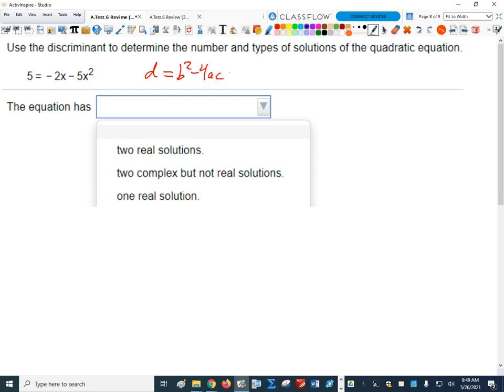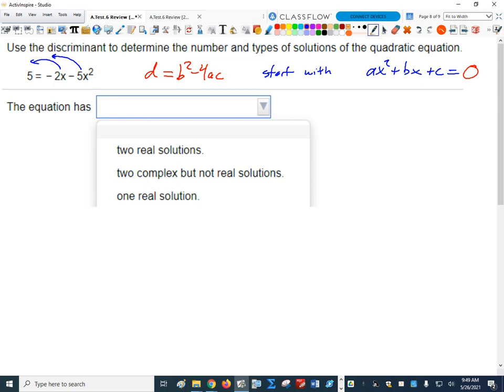So if we plug in our numbers, well, actually, we have to put this in standard form first, right? Because in order for us to do this, we have to start with a quadratic equation in standard form. So first thing we're going to do is move all this stuff over to the other side, because we want a to be positive.